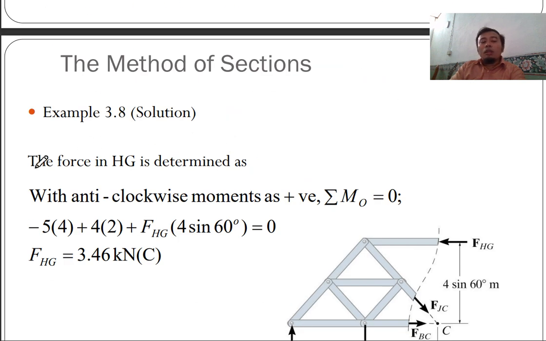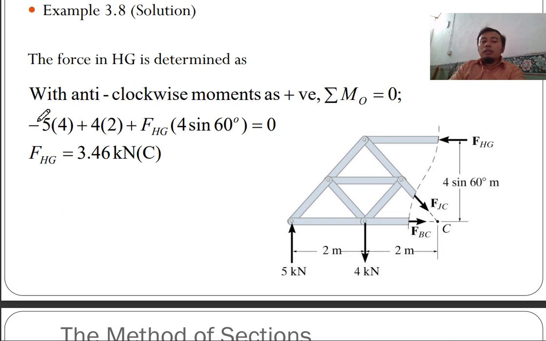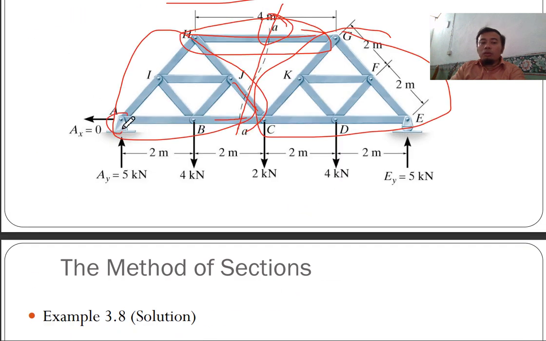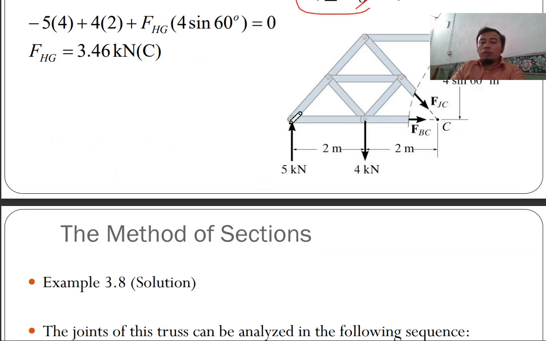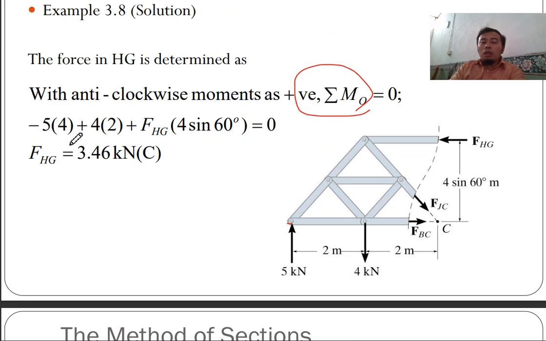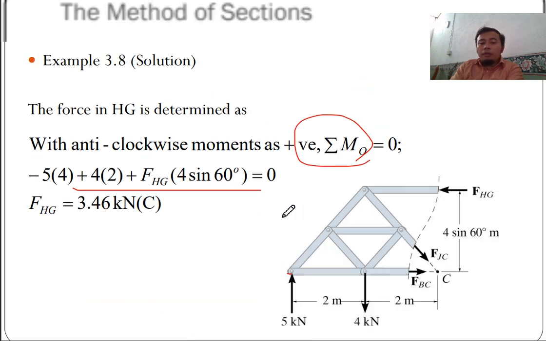So the force in HG is determined by taking moments at O. This is your equation for moment at O. You have external forces of 5 kilonewton.